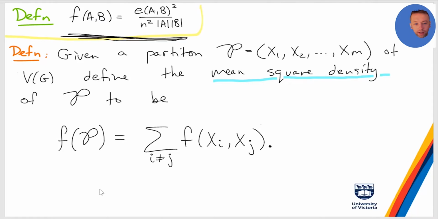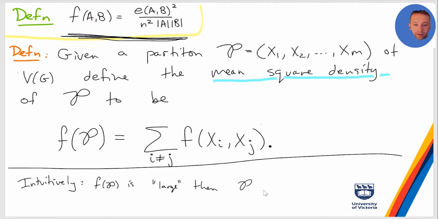Intuitively, the way we're going to think of it is that if f(P) is large, then P is good, good meaning in terms of how epsilon regular it is. So we want to keep refining our partition and keep boosting this function f every time.